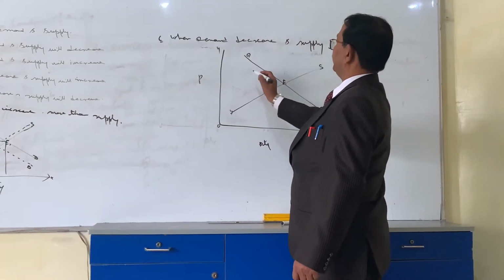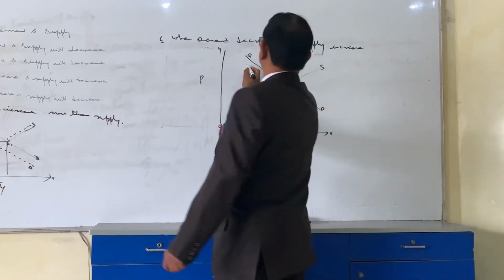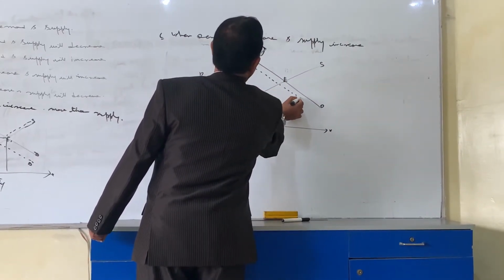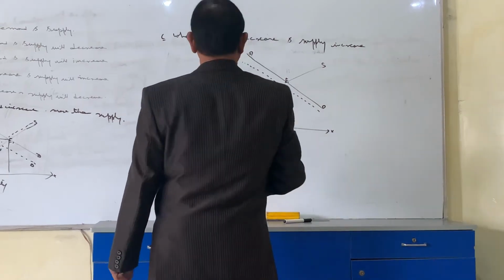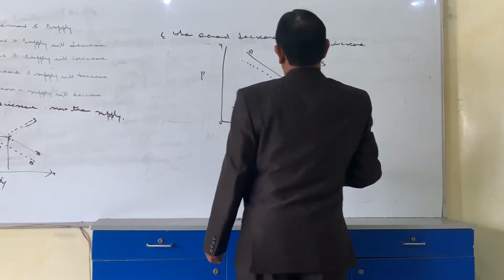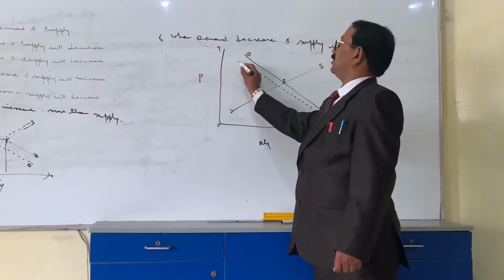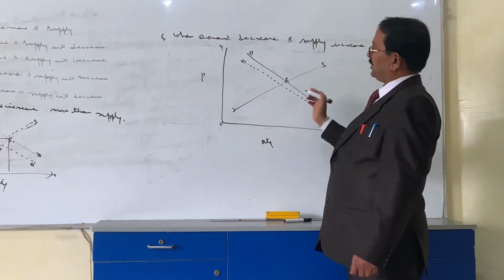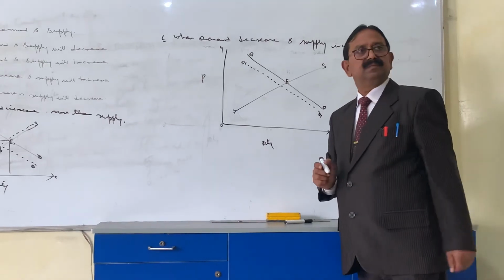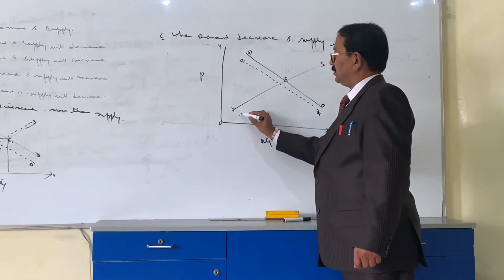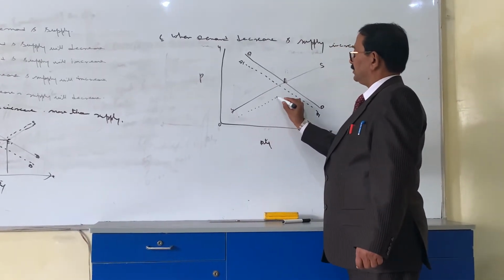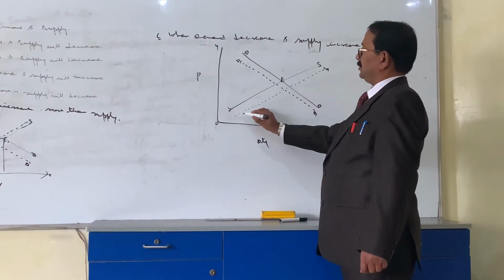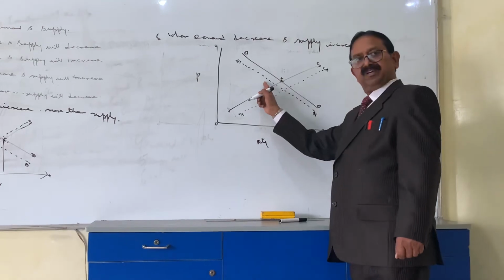Suppose demand decreases. Decrease means inward shift, already you know. All of you? Yes, sir. And supply increases, outward shift, rightwards. Yes, it is clear. I am showing this as a decrease.